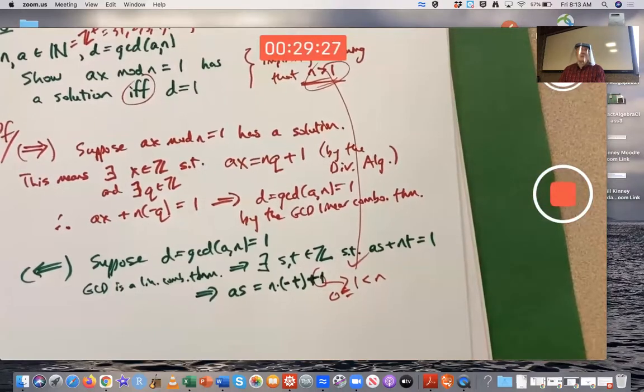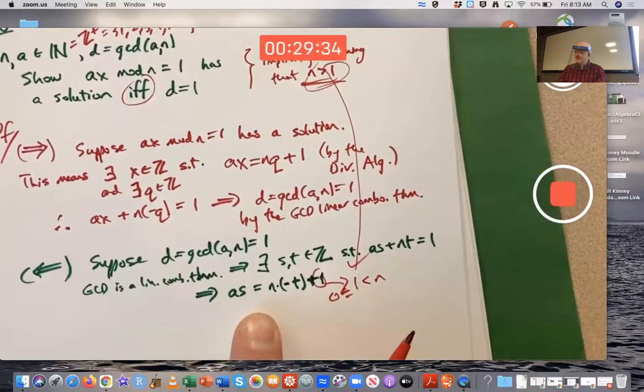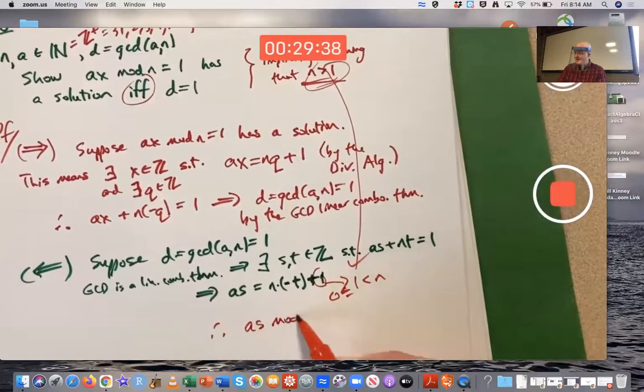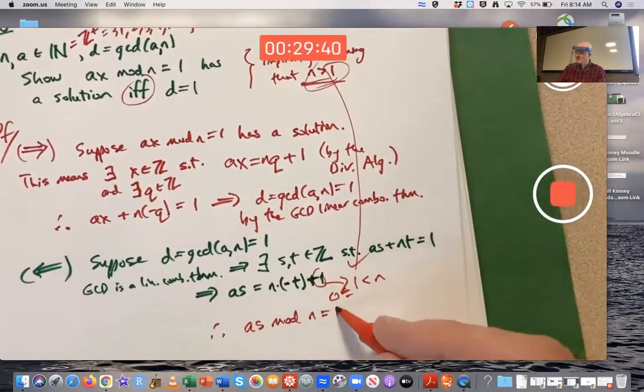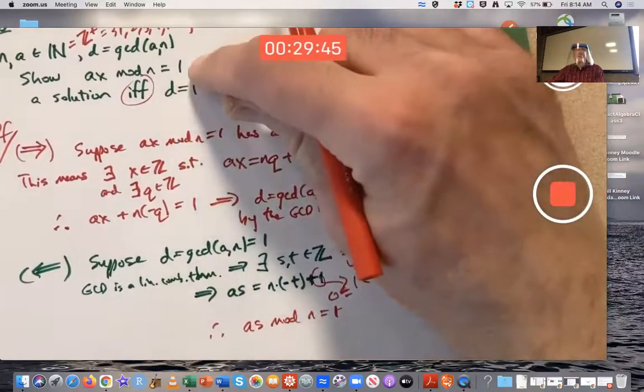Therefore, by the division algorithm, 1 is the remainder that you get when you divide a times s by n. Therefore, AS mod n equals 1. In other words, AX mod n equals 1 has a solution for x.